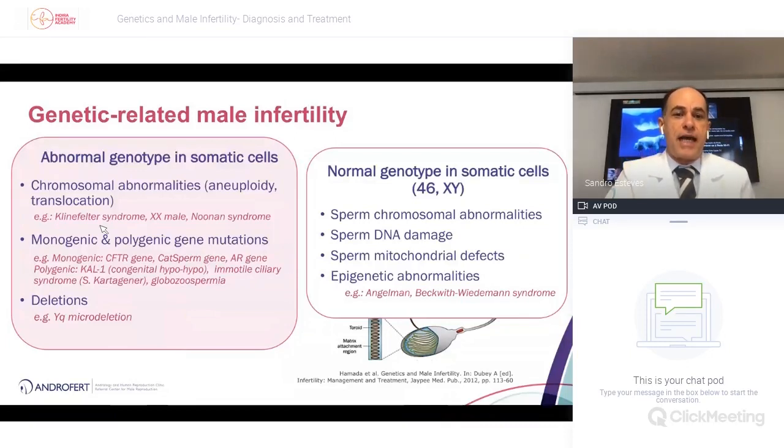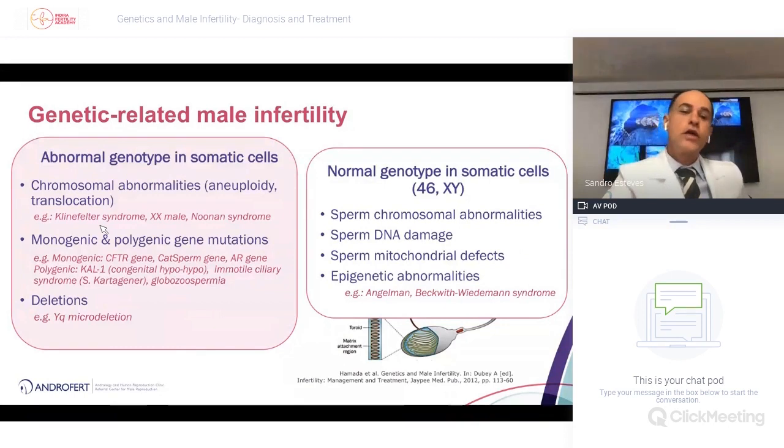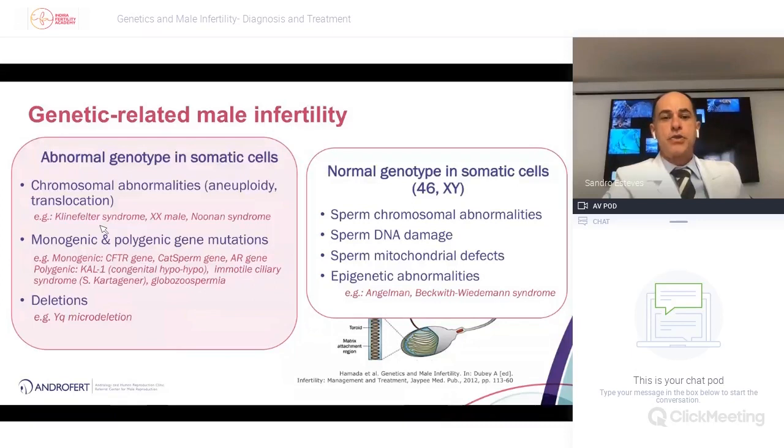We have mutations in the CATSPER gene that will affect sperm motility and function, and the androgen receptor gene, which is also important for some infertility conditions. We can have mutations in the KAL1 gene, which will cause Kallmann syndrome, hypogonadotropic hypogonadism, and so on, including globozoospermia, which is a condition related to gene mutations.